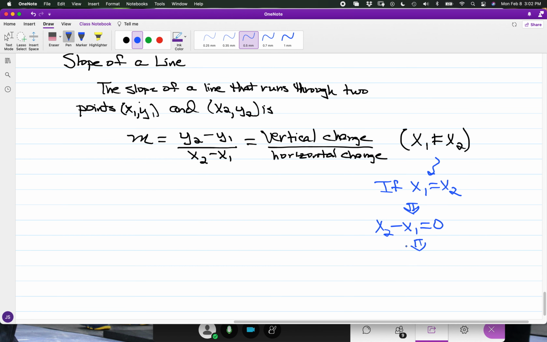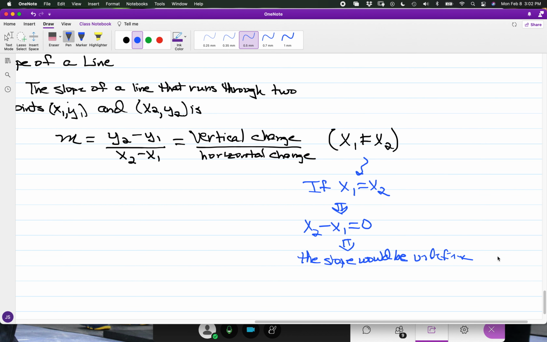And if that were the case, you have a fraction with a 0 bottom number. So the slope would be undefined.